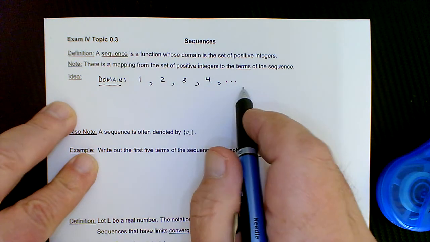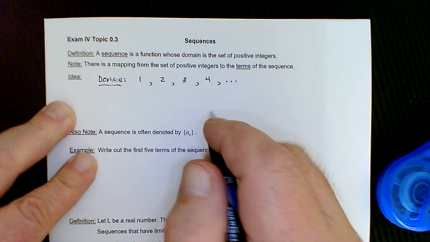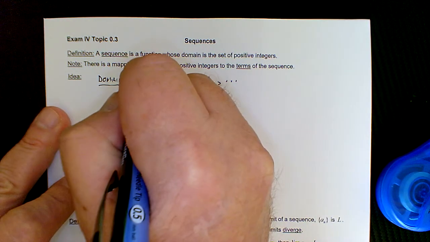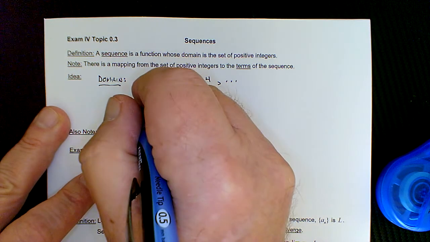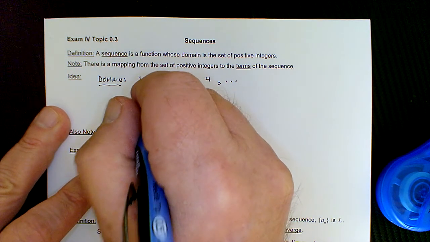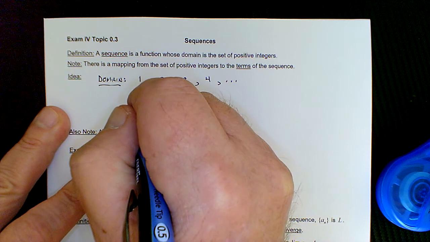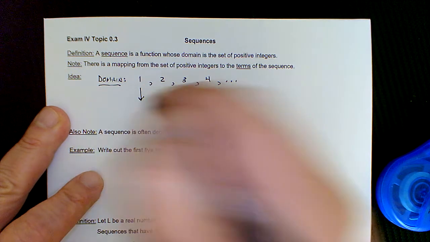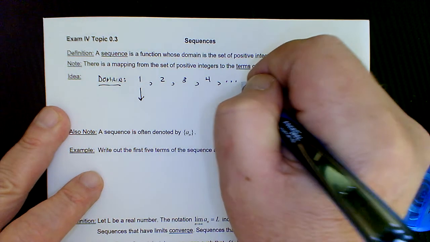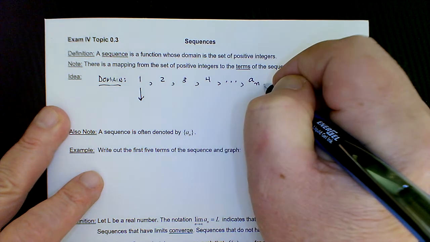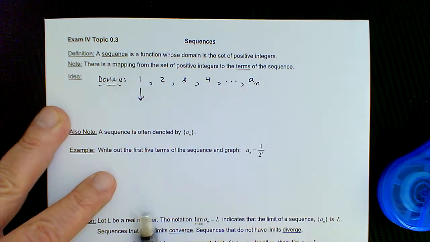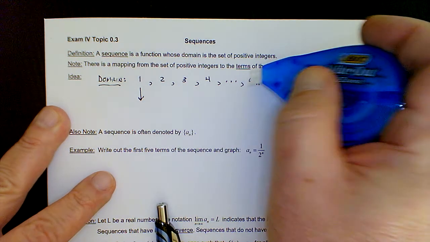Now, we don't say the term infinite, but we mean an infinite sequence. And then we basically just send those elements that are in the domain through the defining nth term of the sequence, because way out here is what we call a sub n. I'm sorry, this goes to infinity.